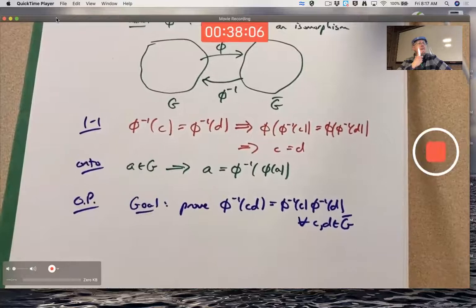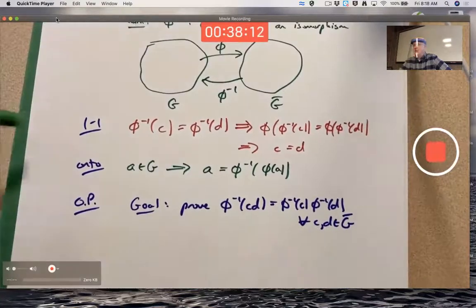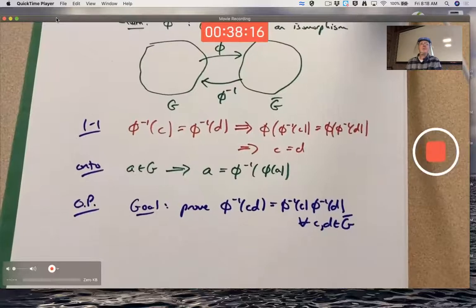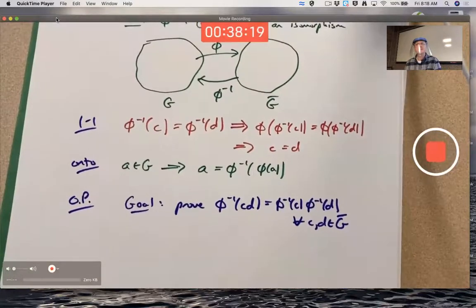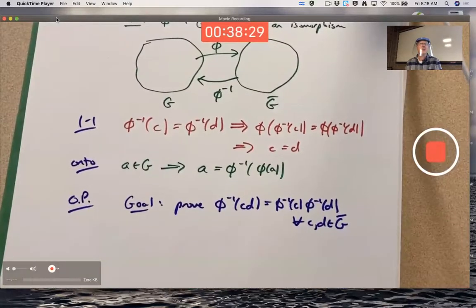One thing we're probably going to need to use is the fact that phi and phi inverse are inverses, just like with these two lines. And I bet the fact that phi is operation preserving is relevant. Because if phi wasn't operation preserving, it's just some arbitrary one-to-one and onto function, not a special function, probably the inverse wouldn't be operation preserving either.